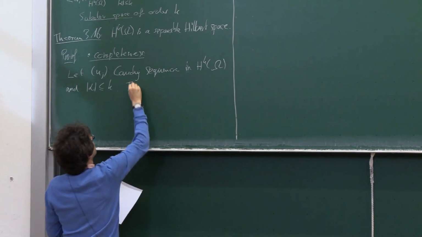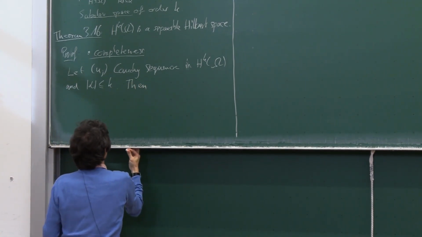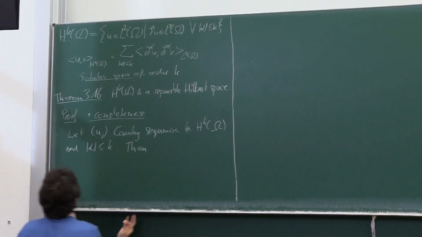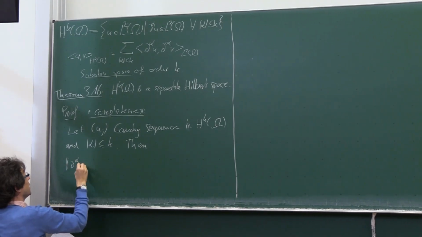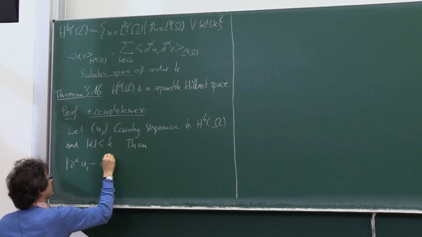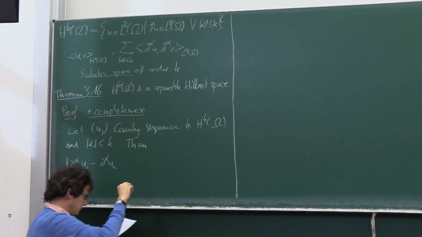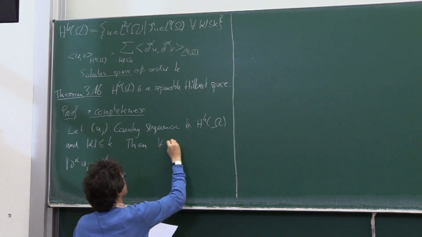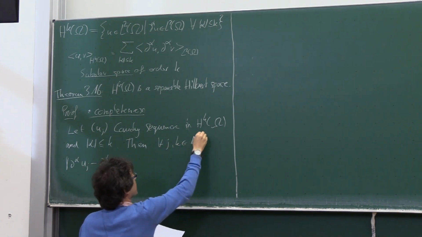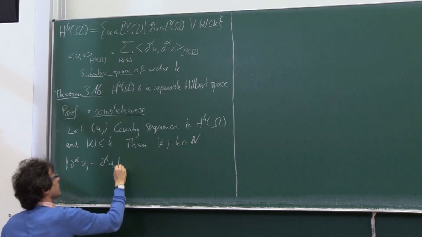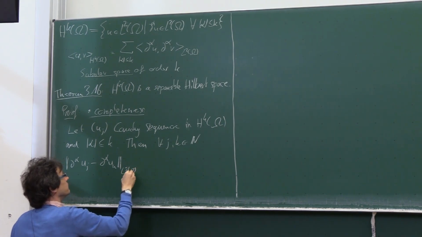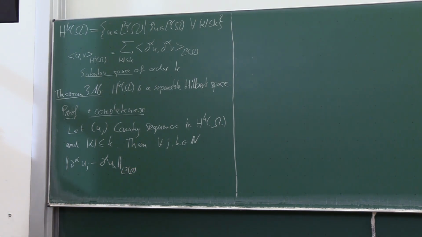And then look at the differences of the corresponding derivatives, so D^alpha u_j minus D^alpha u_k for all j and k natural numbers, measured in L2. So this is finite because all these functions are in L2.